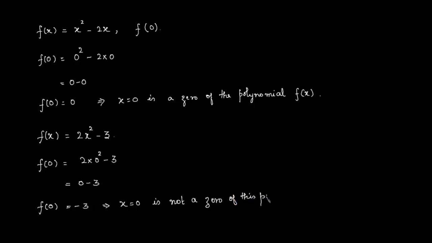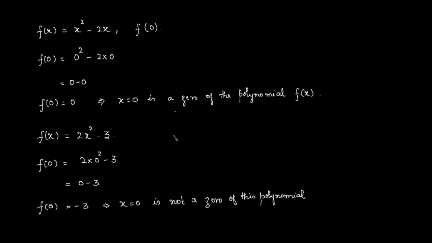So we can generalize what we have learnt now. In the case of f of x is equal to x square minus 2x, x is equal to 0 is a 0. Whereas if you take f of x is equal to 2x square minus 3, in this case x is equal to 0 is not going to be the 0 of this polynomial, because when you substituted x is equal to 0 here, you got a value which is equal to minus 3, which is not equal to 0.